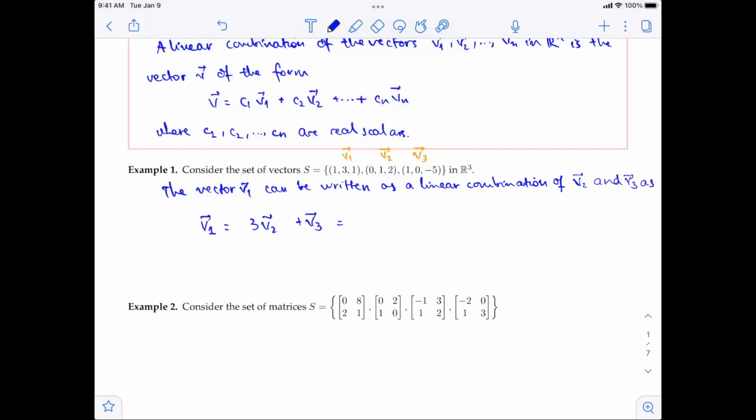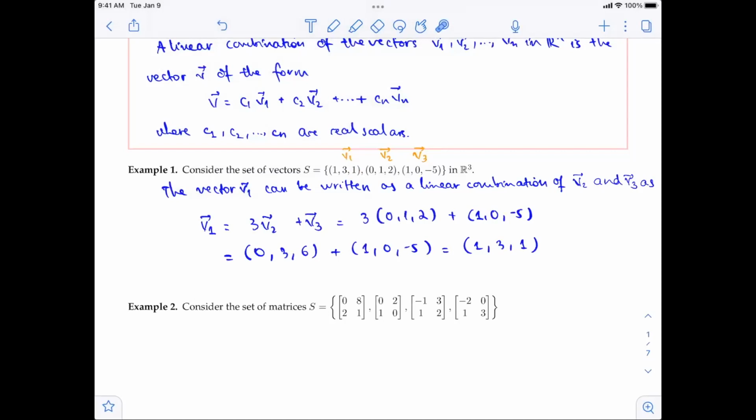Or if you do a quick calculation, you will see that 3 times v2, which is (0, 1, 2), plus v3, which is (1, 0, -5), will give you (0, 3, 6) plus (1, 0, -5), which is equal to (1, 3, 1), exactly equal to the given vector v1.